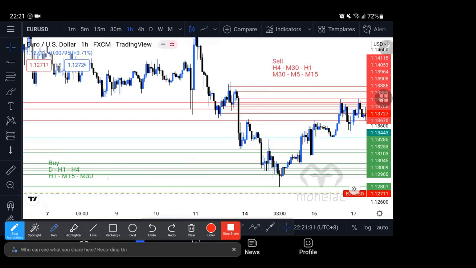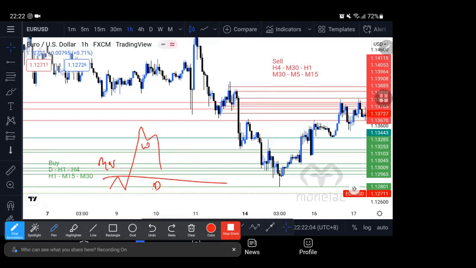Let's say we have this monthly breakout and we want to take entry over here. This is monthly, this is our weekly bias, and we take our entry over here. So we wait at daily.